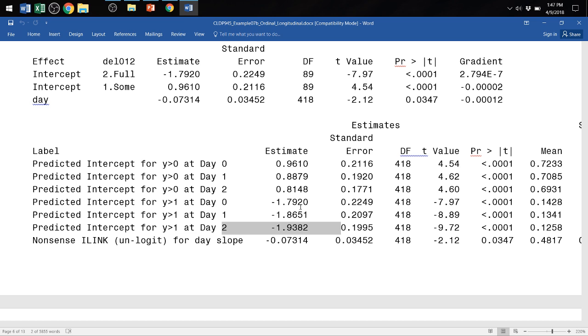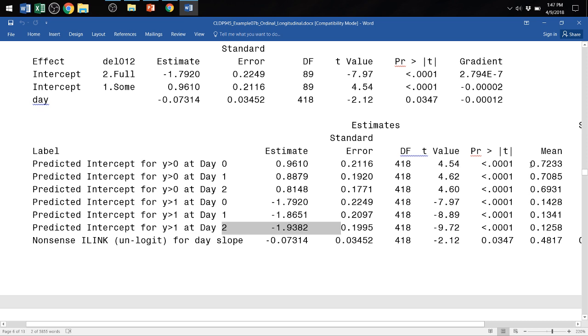So here, this column that's called mean, what does the column give us? Proportion or probability, however you want to think about it. So yes, a logit of minus 1.9 corresponds to a probability of 0.1258. So that's what the model says. Your probability of having full delirium is that by day 2.